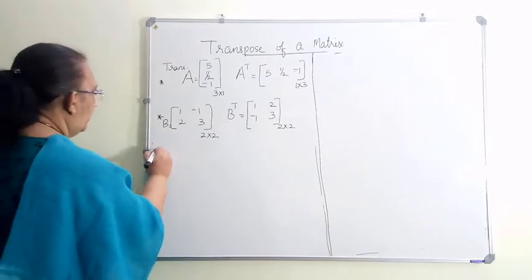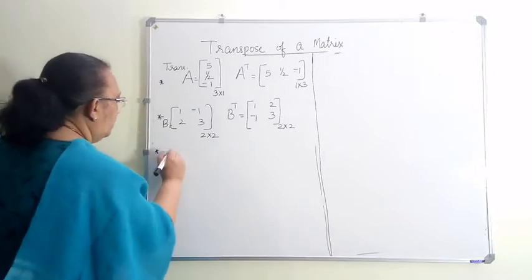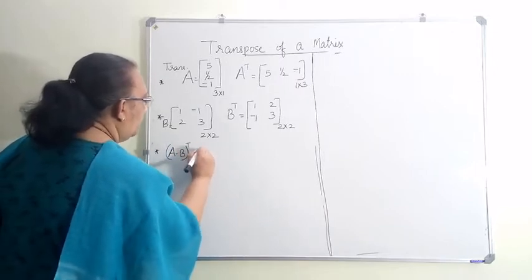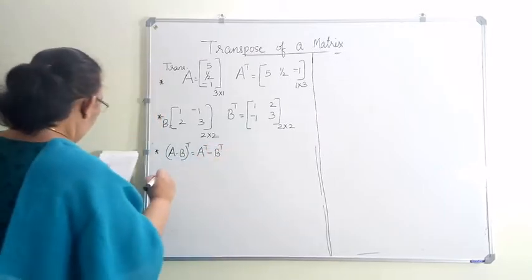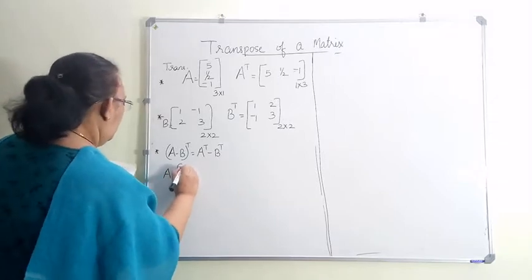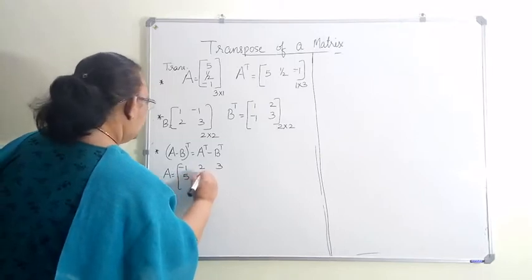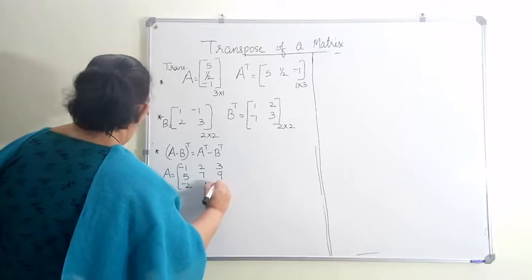Now, the third question is, verify (A - B) the whole transpose is equal to A transpose minus B transpose, where A is equal to -1, 2, 3, 5, 7, 9, -2, 1, 1.